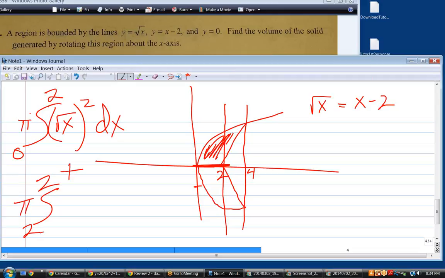So it's pi r squared minus r squared. So the root x squared minus x minus 2 squared. Excuse me, 2 to 4. All right, now I'll plug all that in.